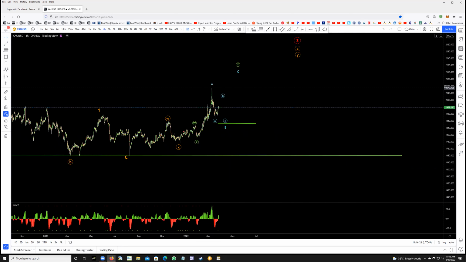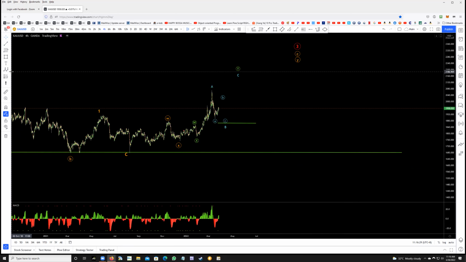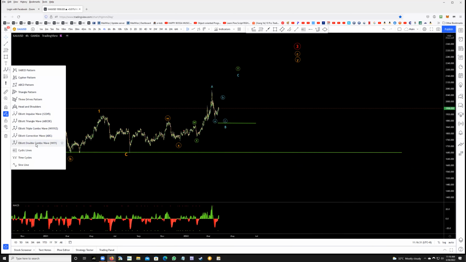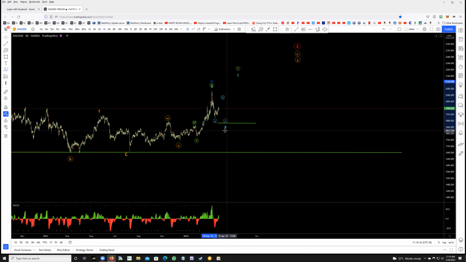But don't forget the alternative scenario where this B wave can end. This one can also be a 1, 2, 3. Don't forget this. So what I'm doing right now is, despite where the bigger picture is, even on the intra week, I will still be able to try to trade this pair.